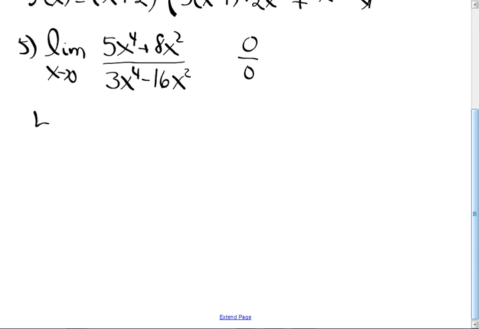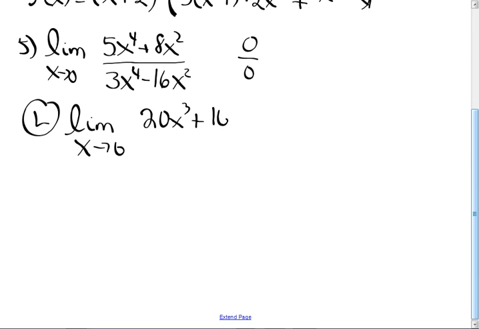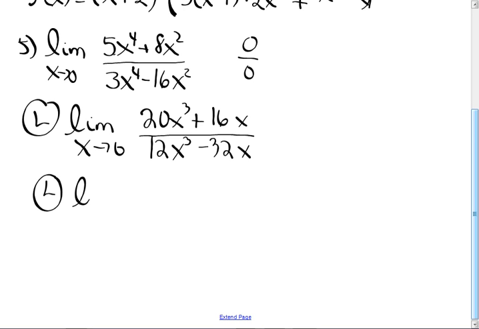So if we use L'Hopital's rule, it's the limit as x approaches 0. Sometimes it's not the greatest thing in the world. This is 20x cubed plus 16x over 12x cubed minus 32x. Do I still have 0 over 0? Yes, I do. So guess what? We do it again. I don't know how many times.